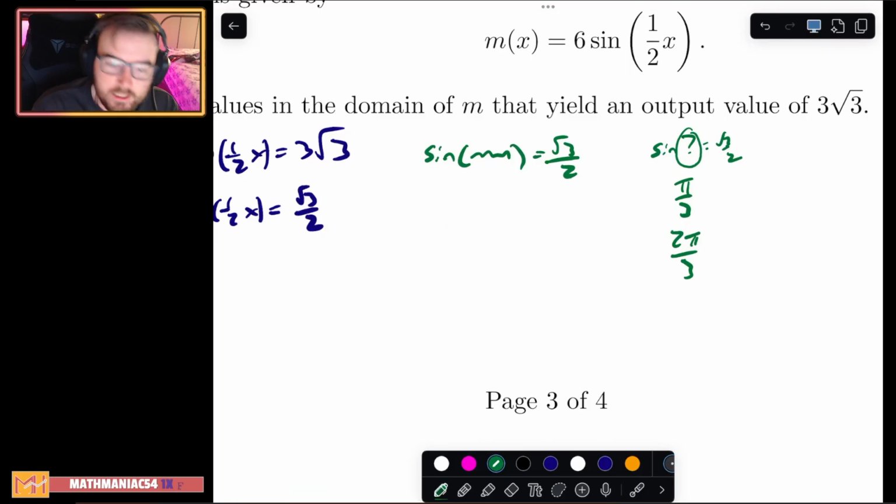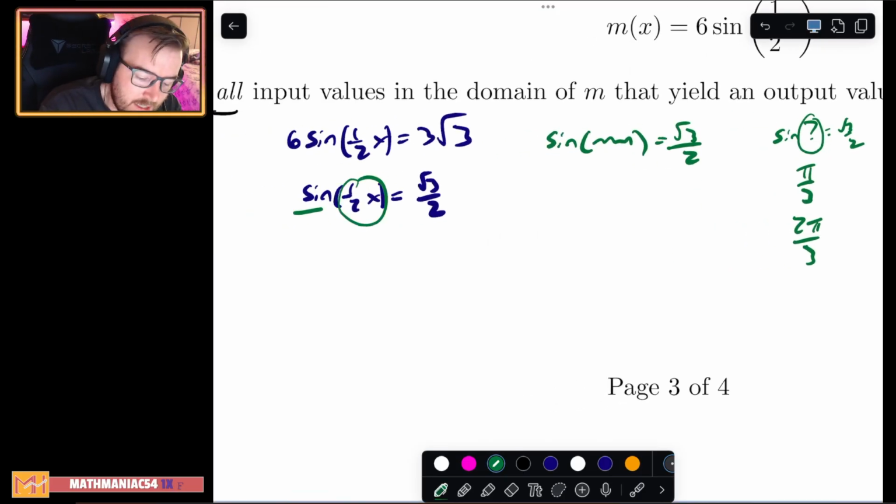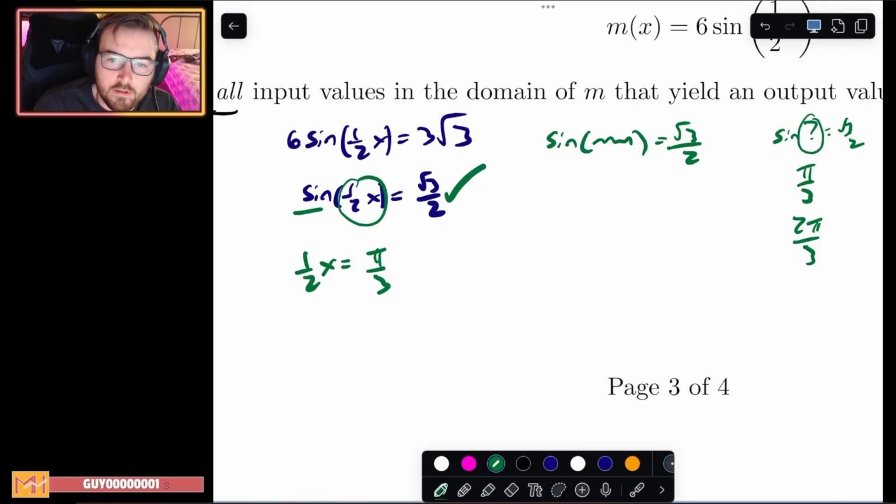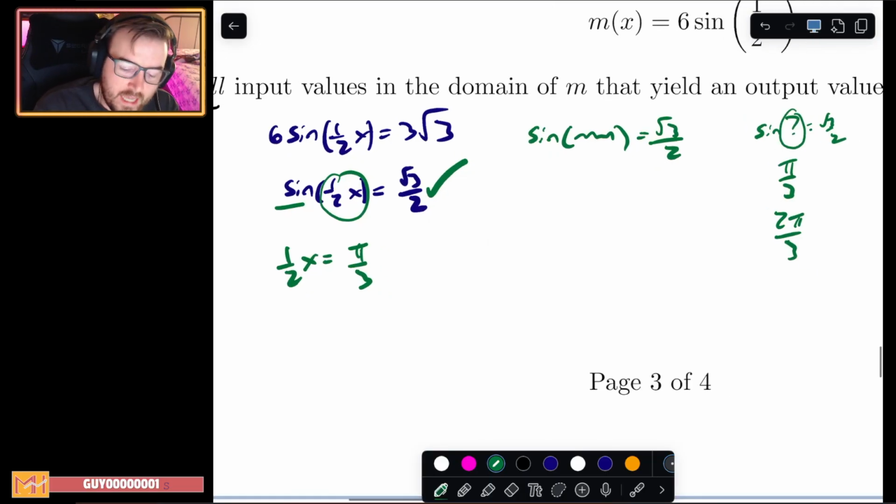So, logically speaking then, if we can just make the yada yada equal pi over 3, then that will make this true. Right? We know with absolute certainty that sine of pi over 3 is root 3 over 2. So 1/2 times something needs to equal pi over 3, right?